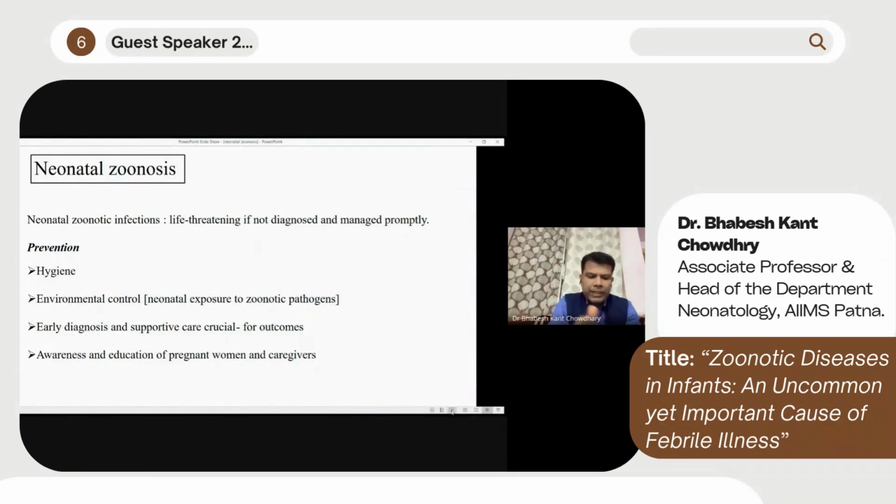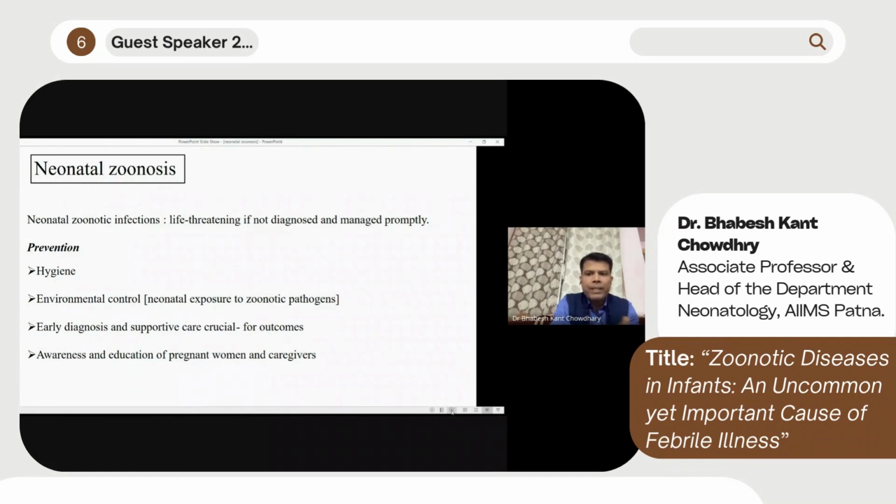When the history was revisited, there was some link to a suspected zoonotic disease, and it was diagnosed earlier, so discharge was possible. Otherwise, a fatal outcome may happen. So hygiene and environmental control are very important, as well as awareness and education of society and parents for preventing this disease.